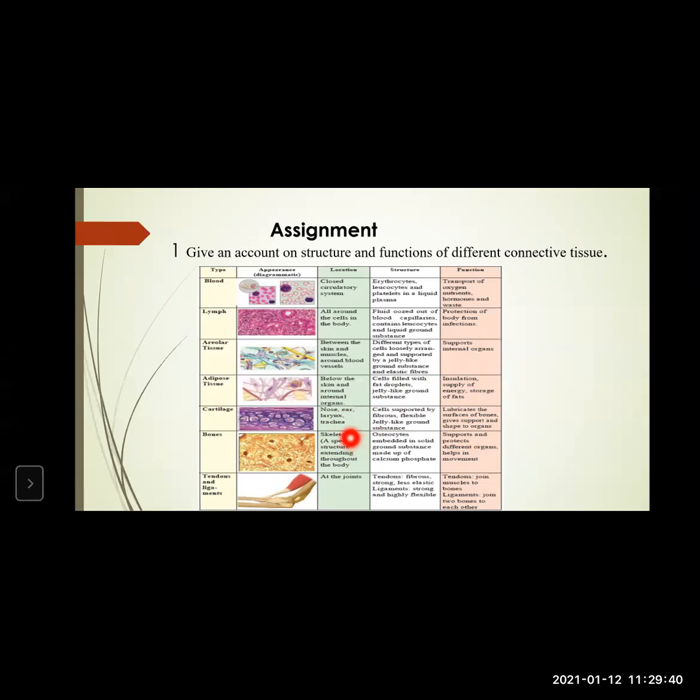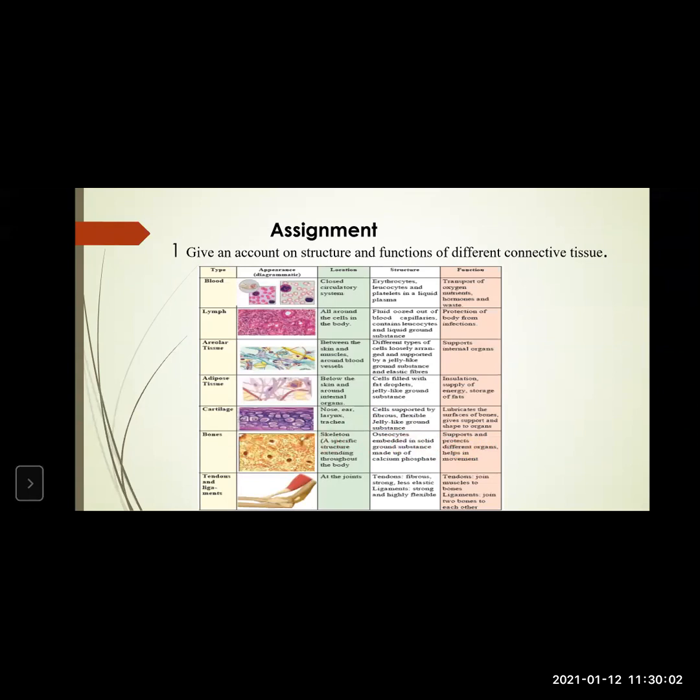It is present in the entire skeleton. It is comprised of osteocytes, which are embedded in the solid ground substance that is made up of calcium phosphate. It supports and protects the internal vital organs, and it also helps in movement.